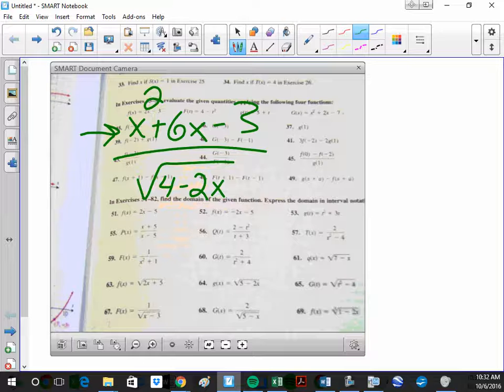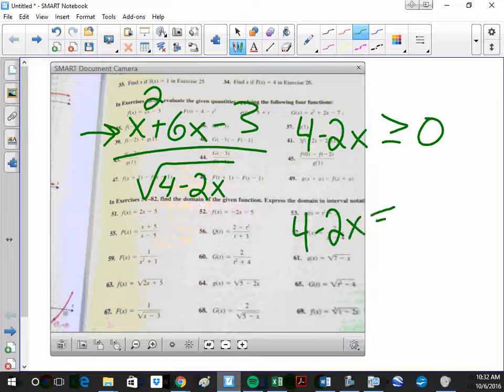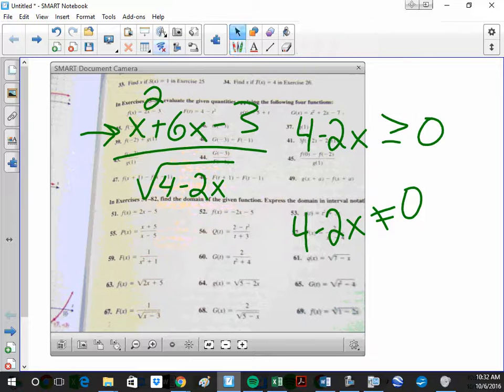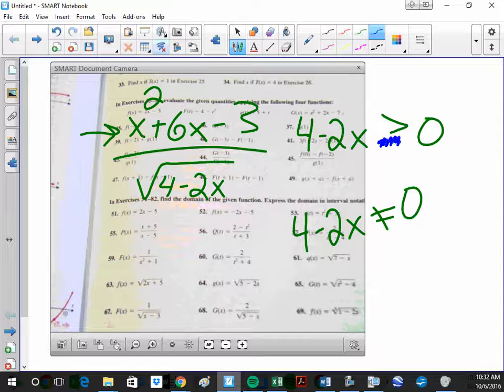Okay? So in this case, 4 minus 2x has to be greater than or equal to 0, and 4 minus 2x is not allowed to be 0, but I can do both of those at the same time if I get rid of the equals 0 right here. So I can forget this if I just treat this top equation as a greater than 0.